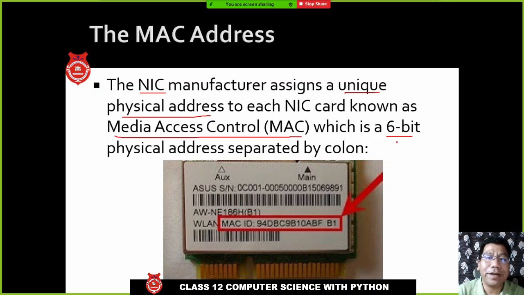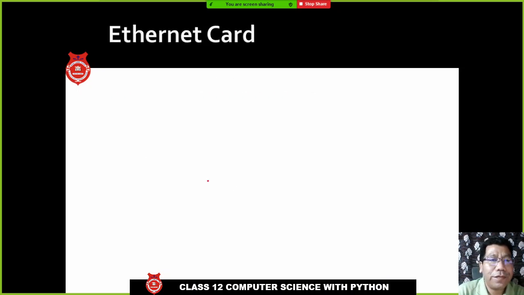How will you find the MAC address of your phone? Please try to do that. It's very easy. So if it is a network interface card, the MAC address is usually written like this, but in your phone it may be written separated by colon. And that's about the MAC address.